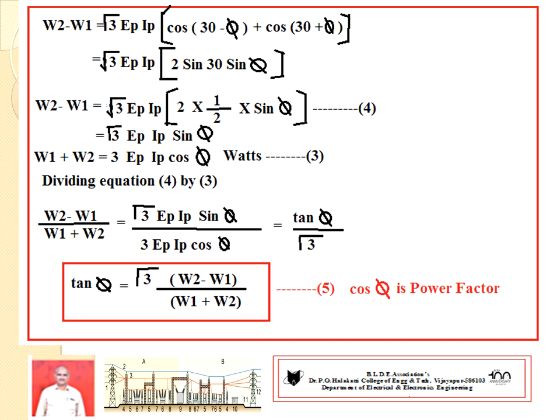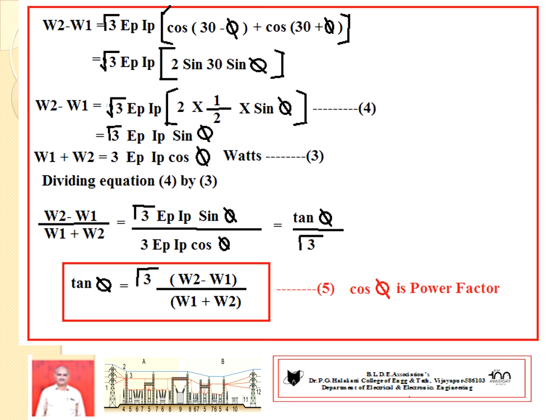So we have to obtain the expression W2 minus W1. Again root 3 EP IP common factor, cos of 30 minus phi minus cos of 30 plus phi. So you see, here the cos terms are going to cancel. You are going to get 2 sin 30 sin phi.